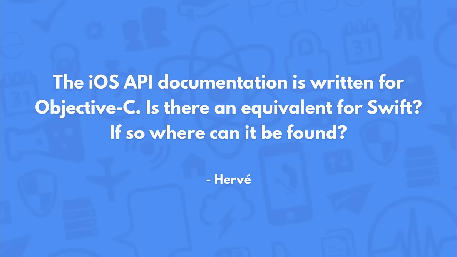The iOS API documentation is written for Objective-C. Is there an equivalent for Swift, and if so, where can it be found? Okay, so the API reference, no. The reason is because this is auto-generated from the source code, and the Parse SDK is currently written in Objective-C. We can't really do that in Swift.